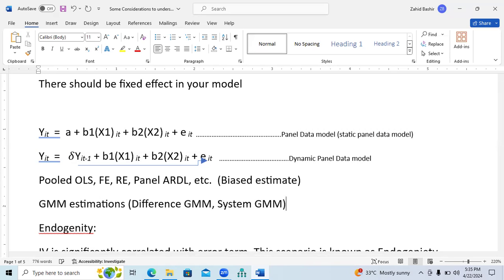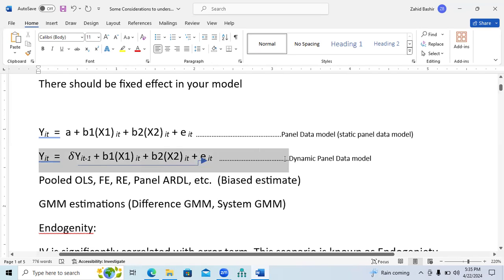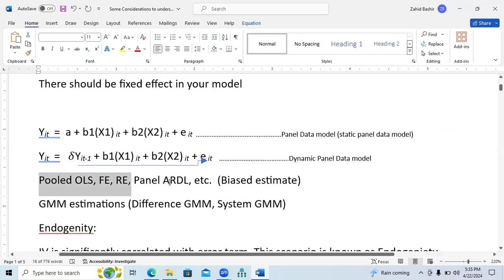So these are the techniques which are bias free in case of dynamic panel data model. Because if we are going to use the other methods for estimation of a dynamic panel data model, they would give us biased estimates. So if we want unbiased estimates with a dynamic panel data model, we need to use the GMM estimation, which includes the difference GMM and system GMM.